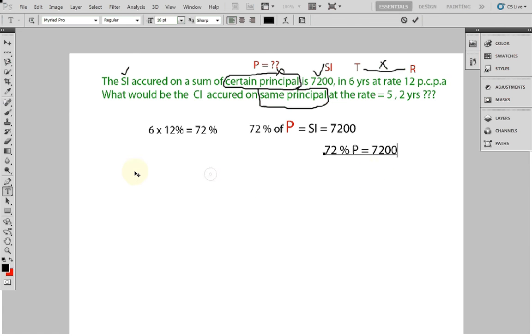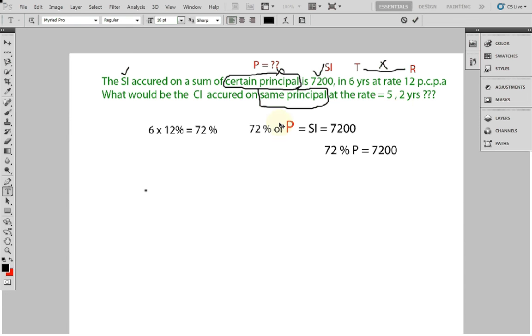Now coming to the compound interest here. As I said in the previous class, for calculating compound interest there is a small formula I said for you. Actually it's for 2 years. So it is x plus y plus x into y by 100, or else it may also be 5.